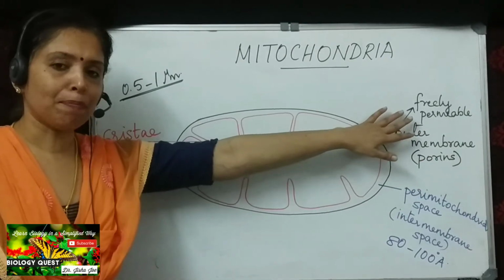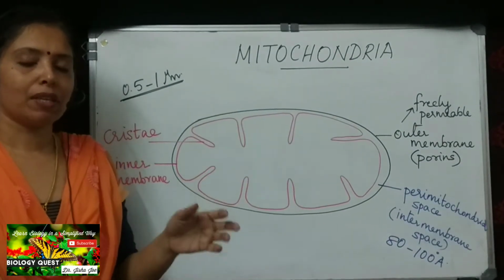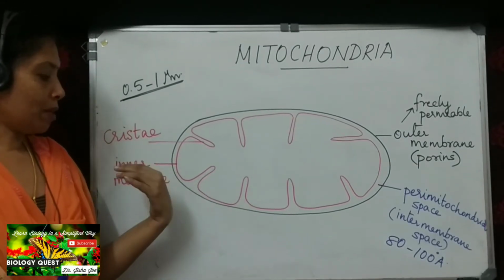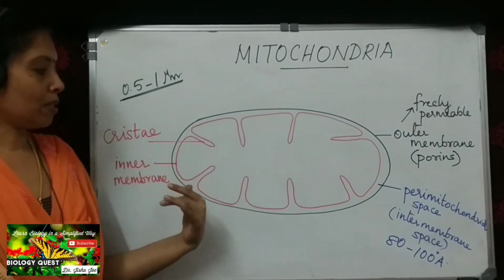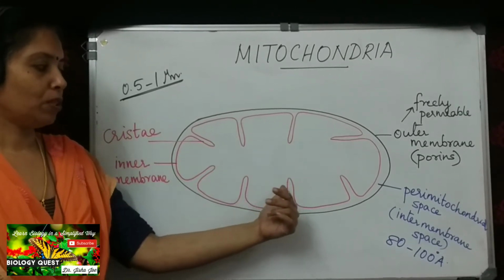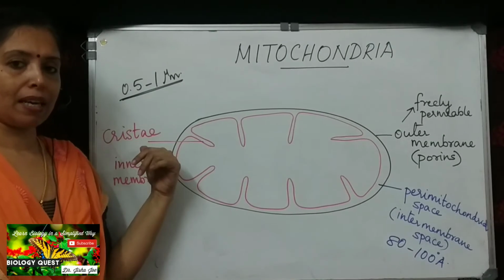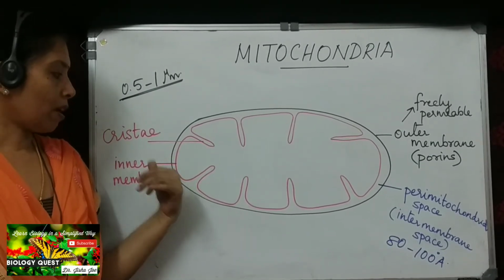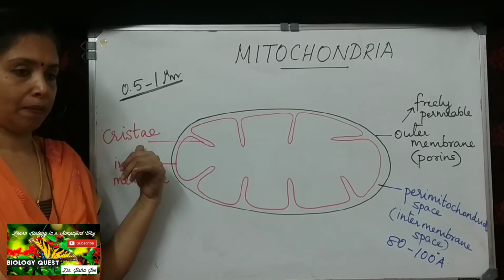It is a freely permeable membrane, allowing small molecules and ions to pass through it. The inner membrane is also continuous, but it has several infoldings which we call the cristae.